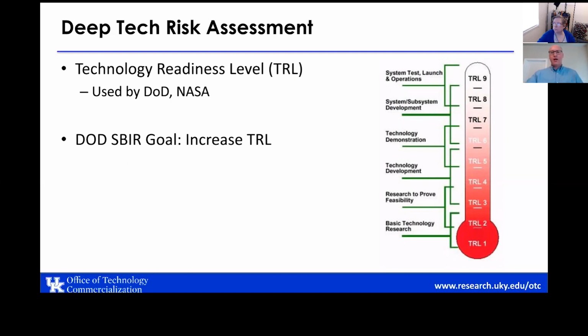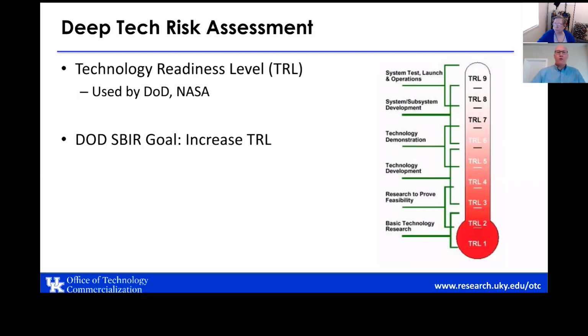It has the TRL, technology readiness level, 1 through 9, where 1 is at the idea stage, very basic research, and 9 is deployed in a system that's ready to go out and be put into the field. In the case of DoD, supporting the warfighter. In the case of NASA, maybe being put into a mission.